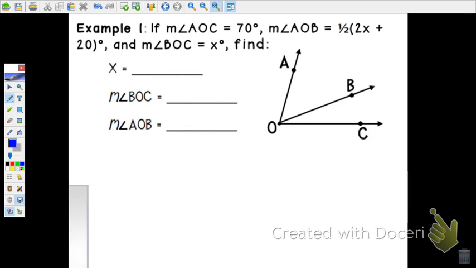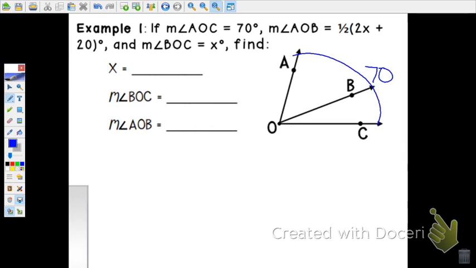It says the measure of angle AOC is 70. So angle AOC is the great big angle. When I mark that in my picture, I usually show the great big angle and put that 70 on the outside. I have angle AOB, which is half of 2x plus 20.